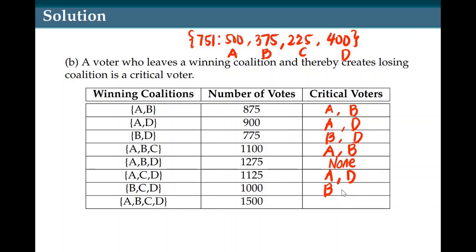So voter C is not a critical voter. So from 1,000, if voter D leaves the coalition, 1,000 minus 400, that is 600, and that is less than the quota, so voter D is a critical voter.